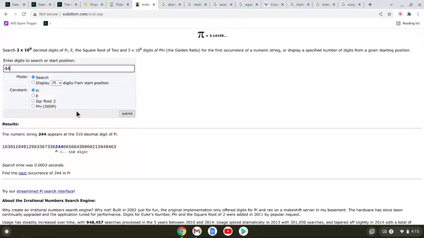I believe it's this digit. So if we go over, we can click next, and we can find where this appears. 44 appears at the 201st digit. Now, we all know the event 201 is tied to that. Oh, sorry, guys, it's 201. 201 appears at the 244th digit of pi, guys.